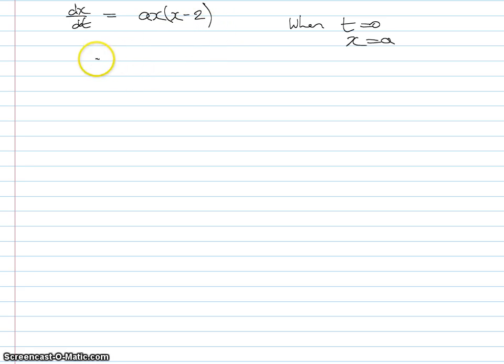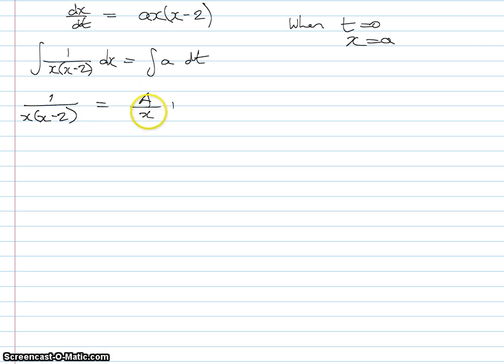This is a simple separable differential equation, so I can integrate both sides. The integral of 1 over x(x - 2) dx is equal to the integral of a dt. To integrate the left-hand side, I've got to use partial fractions. So 1 over x(x - 2) is equal to A over x plus B over (x - 2), or in other words, 1 is equal to A(x - 2) plus Bx.